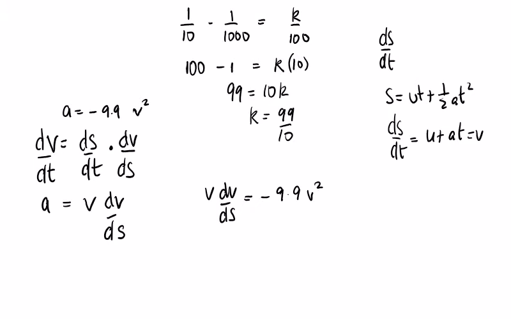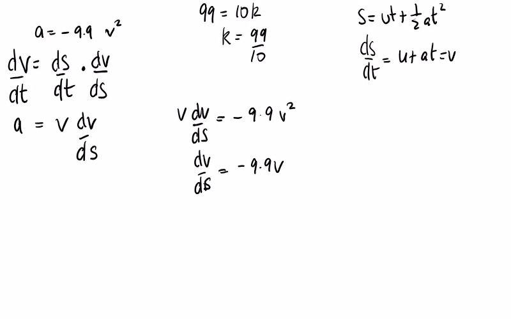So I can divide across by v. dv/ds is equal to minus 9.9 v. I want the s on its own. So dv over v, and I'll leave the 9.9 on the other side, is equal to minus 9.9 ds.